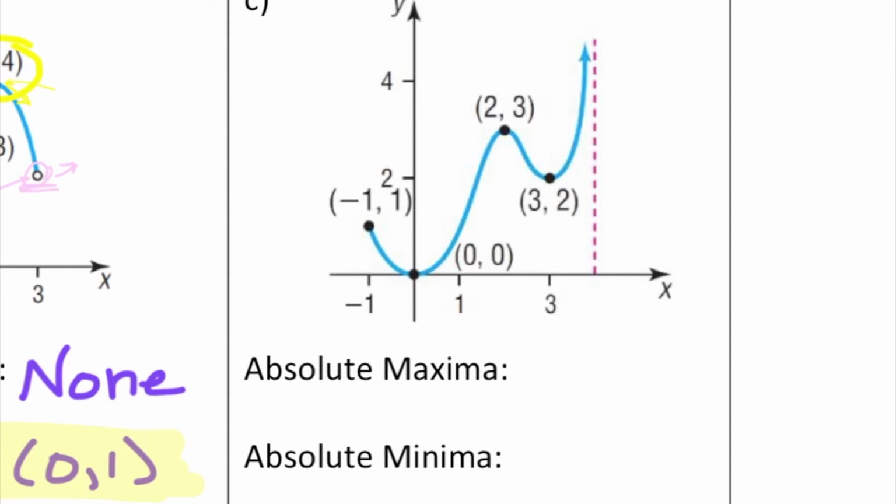Infinity isn't a point. Infinity is a number bigger than any other number, and so you can't really use it as an answer to a finite question. And so the question, what's the absolutely highest point on the graph? There is none. What is the absolute lowest point on the graph? Well, that's going to clearly be that 0, 0.